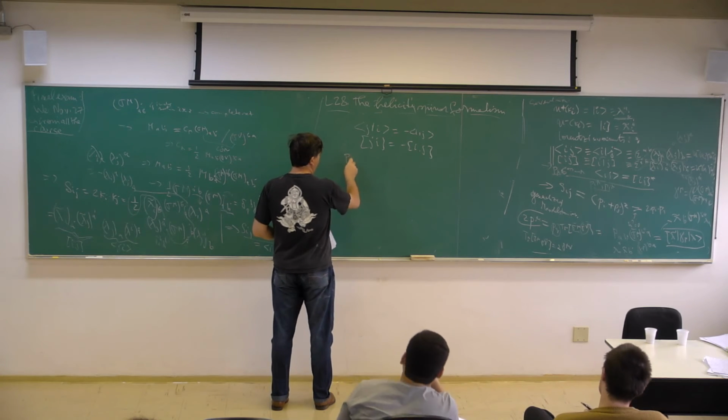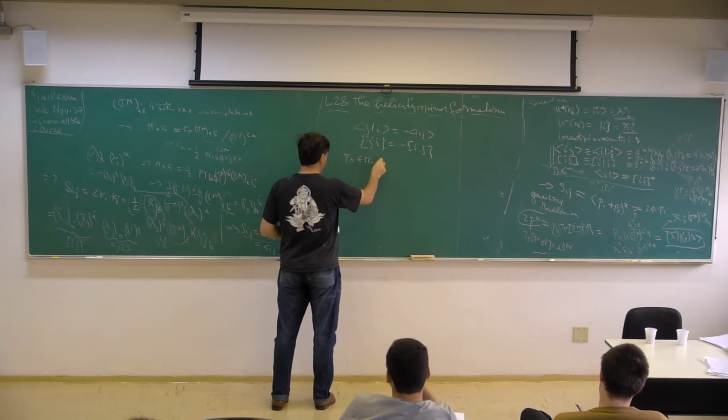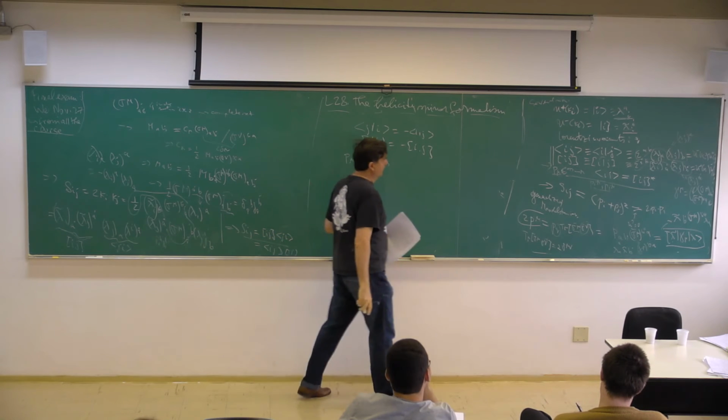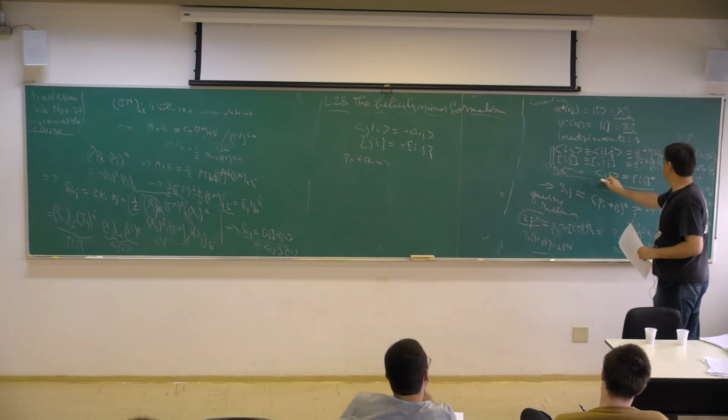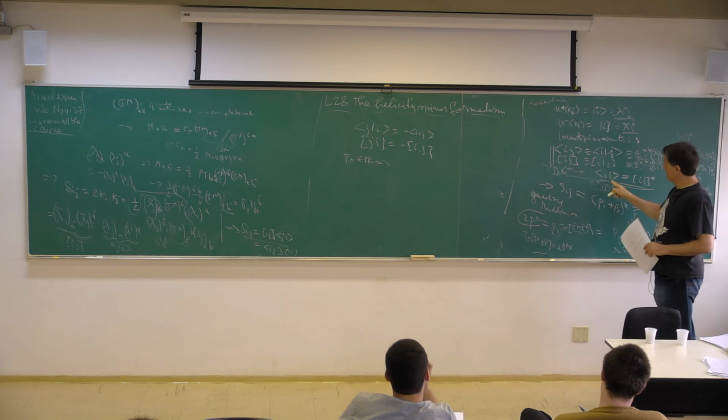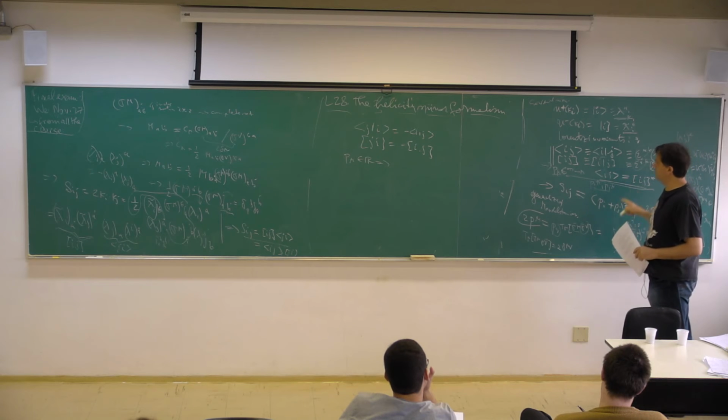Now, for real momenta, we have seen that the angular bracket is equal to the complex conjugate of the square bracket.